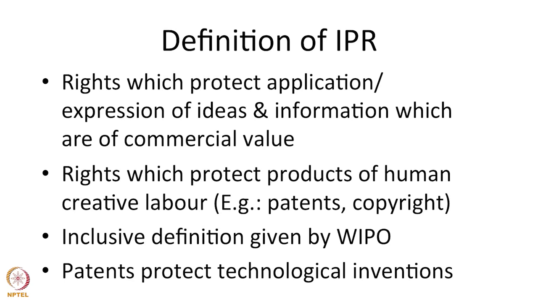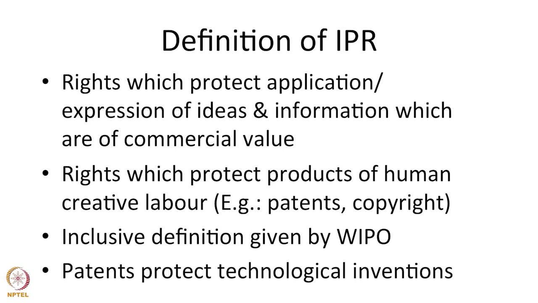Types of intellectual property rights. There are many different varieties of intellectual property rights, and they are distinguished by the nature of the product on which they manifest, or the end product that comes out of human creative effort.